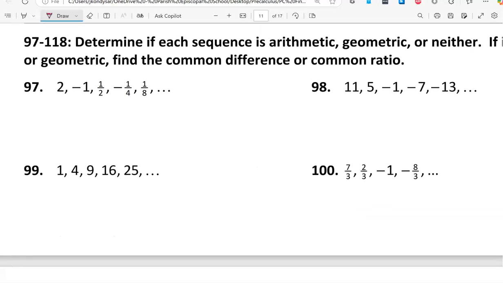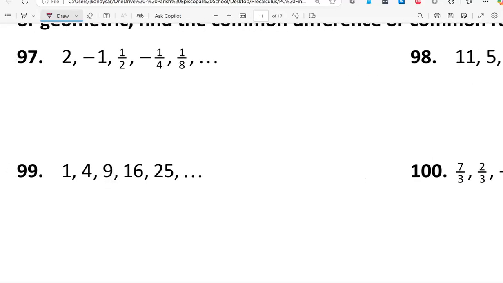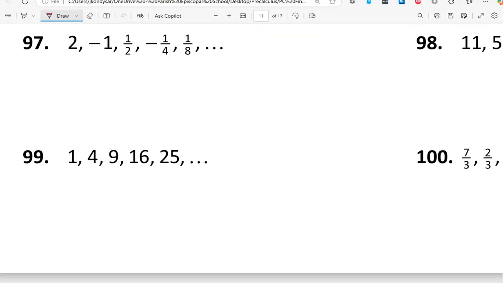All right, in 97 through 118, we're determining if a sequence is arithmetic, geometric, or neither. Remember that a geometric sequence is one in which each term is the previous term multiplied by a constant called r.